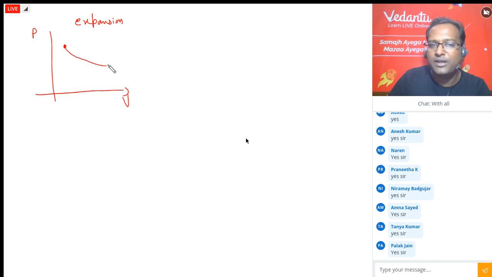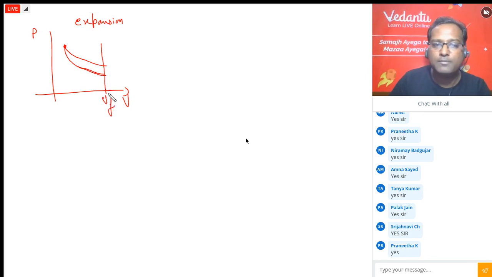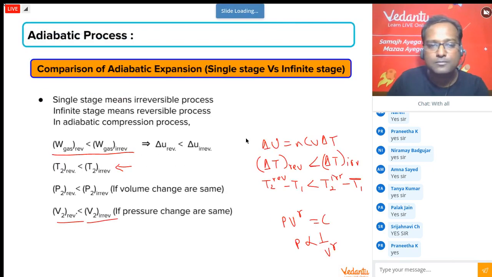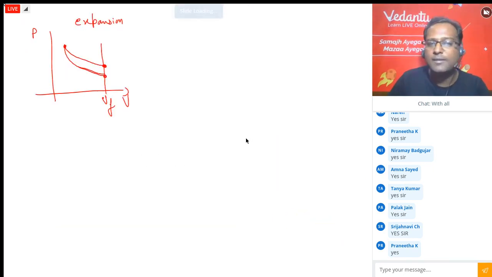So one graph will go like this. Suppose reversible or irreversible, I don't care. Suppose they both have a similar nature and they go like this. I stop it at a fixed final volume. Right? Are you with me?